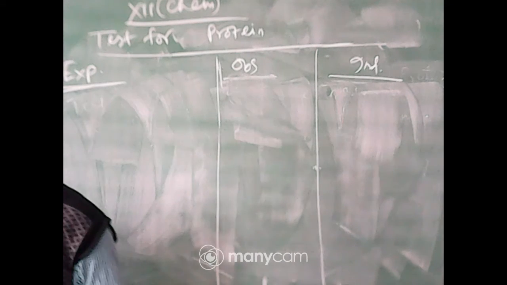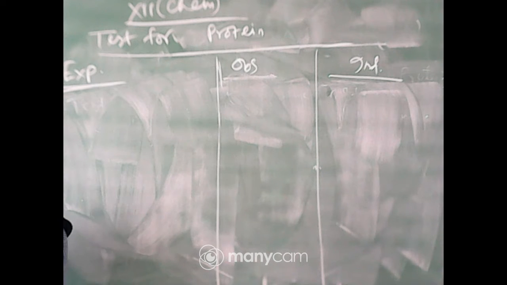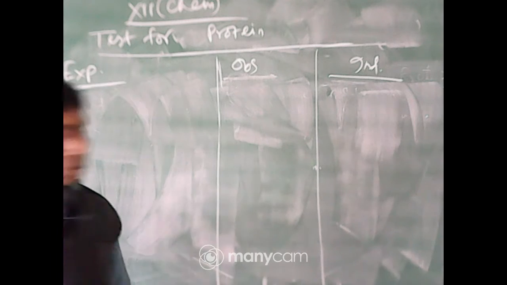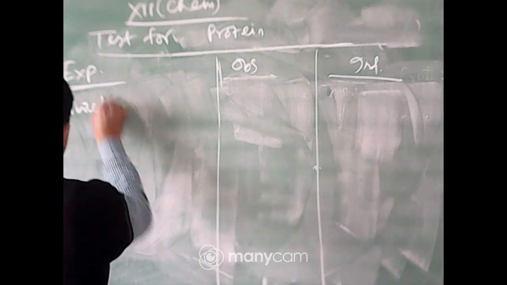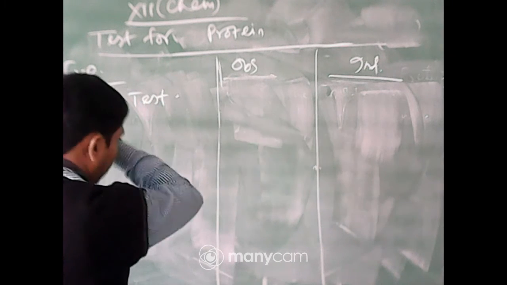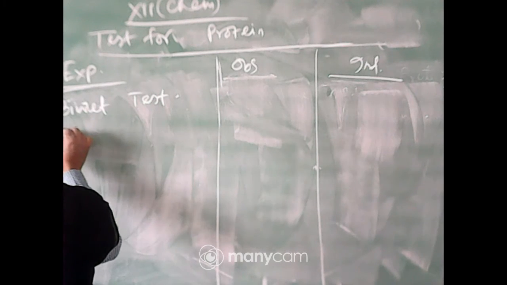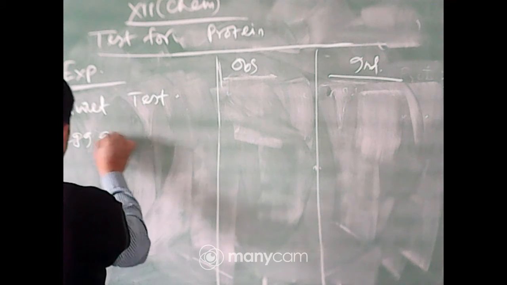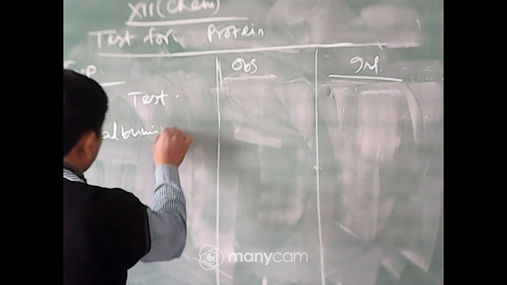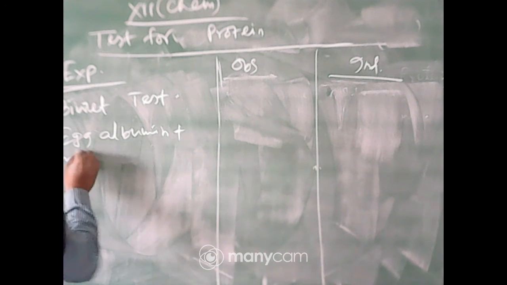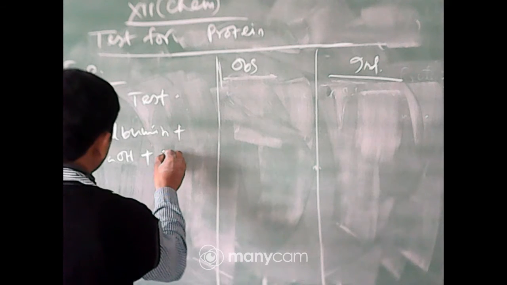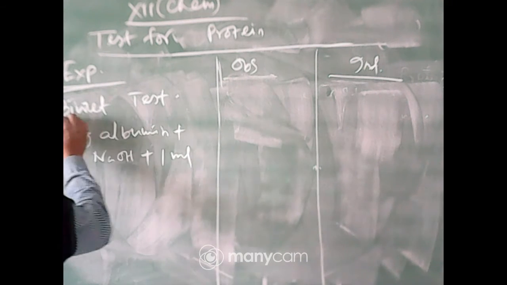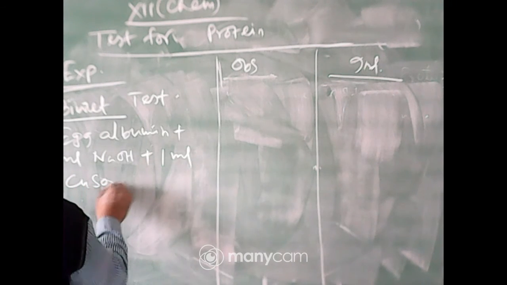In the biuret test, we will add the suspension of egg albumin and concentrated solution of NaOH. This test is also done in biology: egg albumin plus 2 ml NaOH solution plus 1 ml biuret reagent or copper sulphate solution.